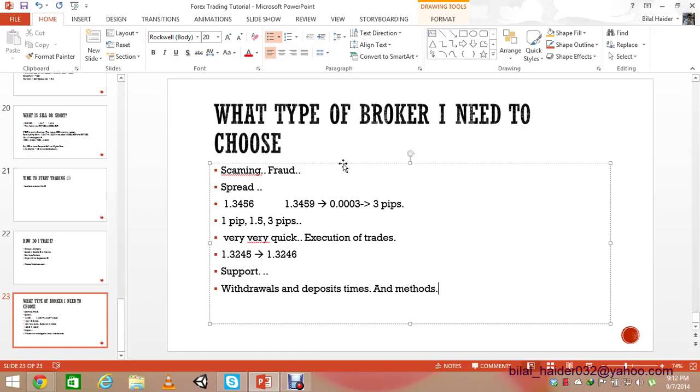Some brokers I have seen, when you invest some money with them and you deposit now, let's say I am depositing my money just now, it is credited to the account from which I am going to trade after 2 or 3 days.